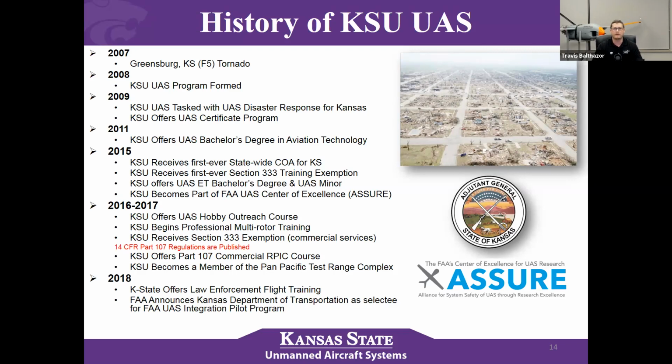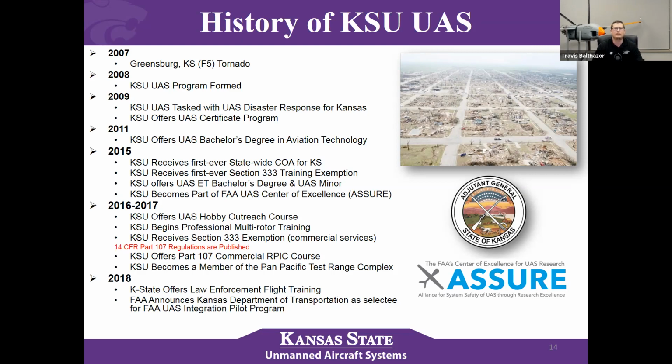But for the most part, these days we operate under Part 107, which came about in 2016. Shortly after those regulations were released, we started offering a number of courses available to the public. Those include a Part 107 commercial certificate, which we'll talk about later on in this webinar, and basically prepares those that want to operate unmanned aircraft systems commercially to get their Federal Aviation Administration license to go out and do those operations.